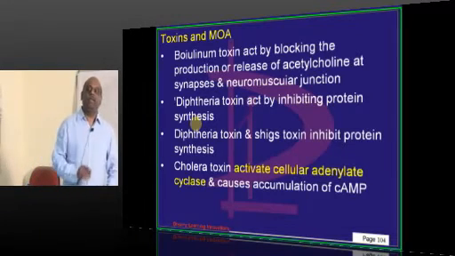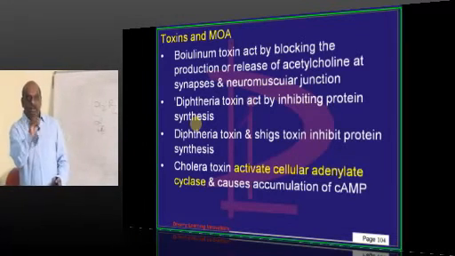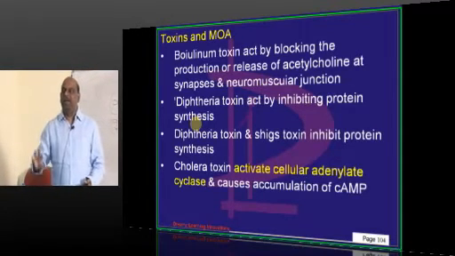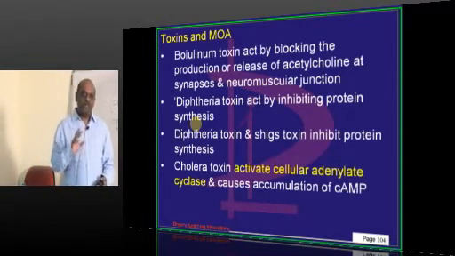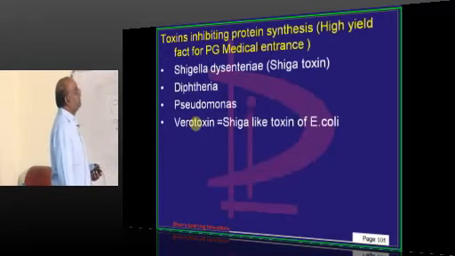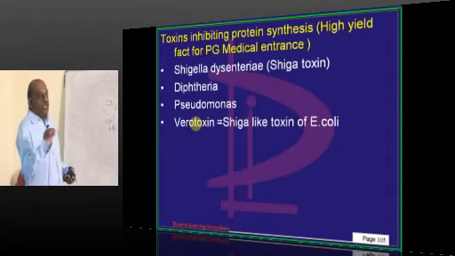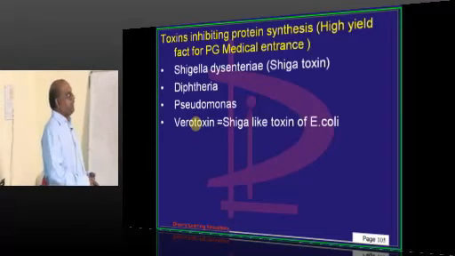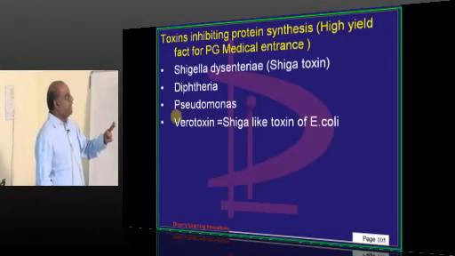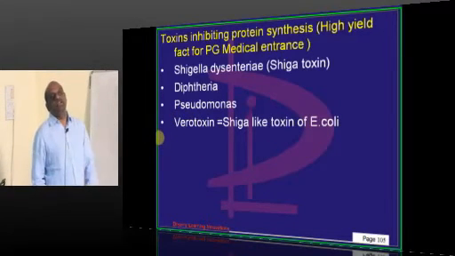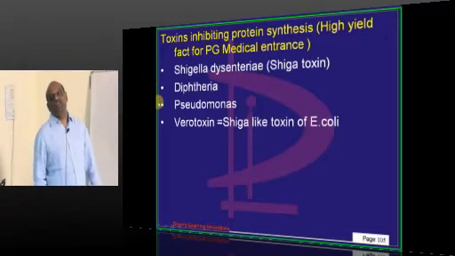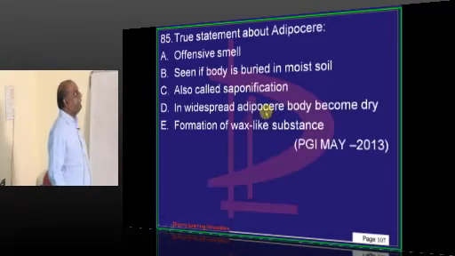Once more, what is the high yield topic for examiners? Microbiology's six questions will not finish without a toxin. One toxin will definitely come in the exam. So which toxins inhibit protein synthesis is a very high yield topic. Shigella, diphtheria, Pseudomonas, and the verocytotoxin are the ones which inhibit protein synthesis is what you have to remember.